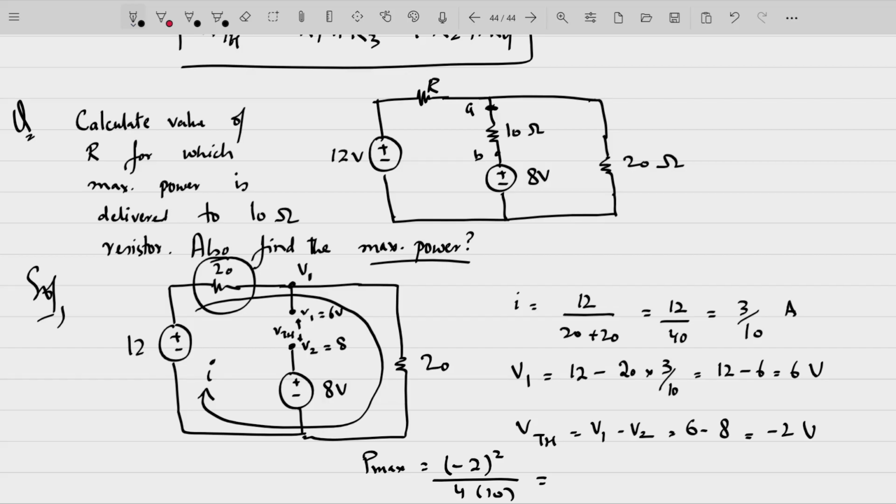So this is 4 divided by 4, 1 by 10, that is 0.1 watts. ठीक है. ये हो गया आपका P max for R equal to 20 ohms. Is this fine? Yes, sir.